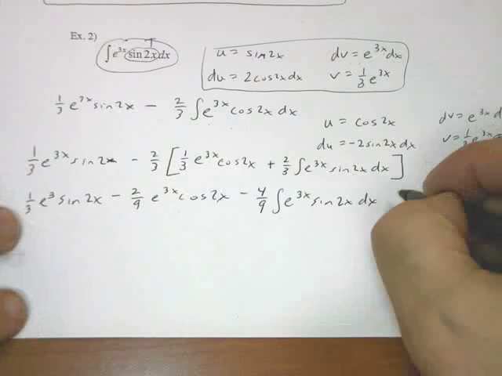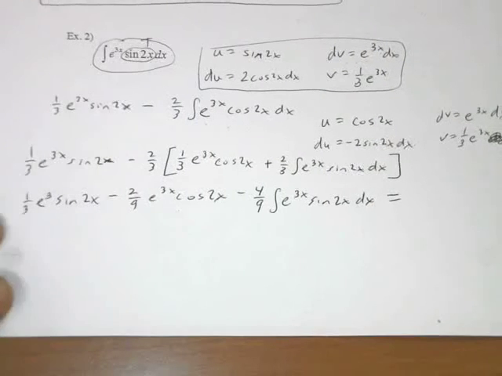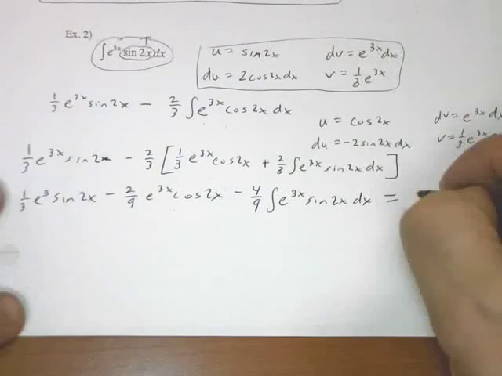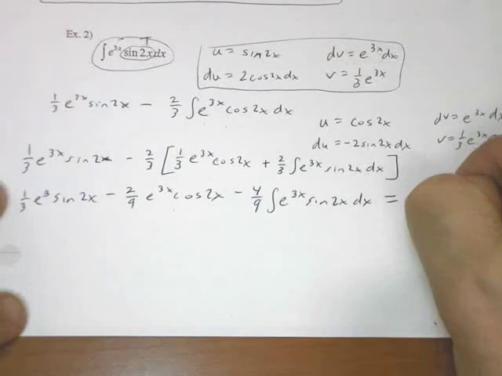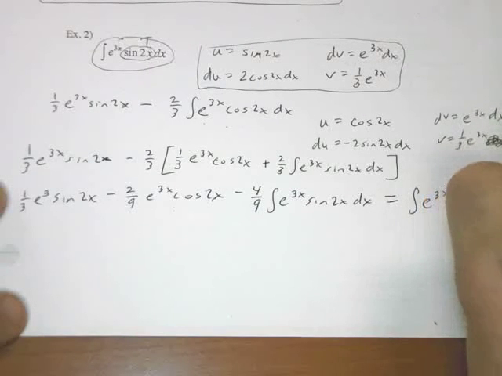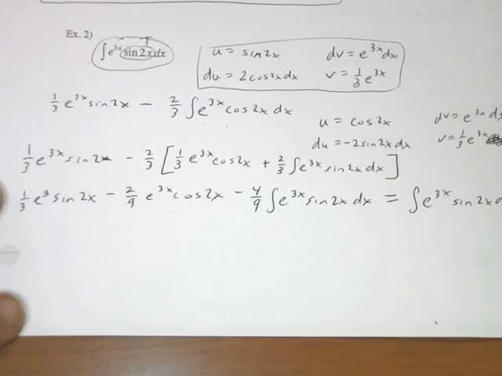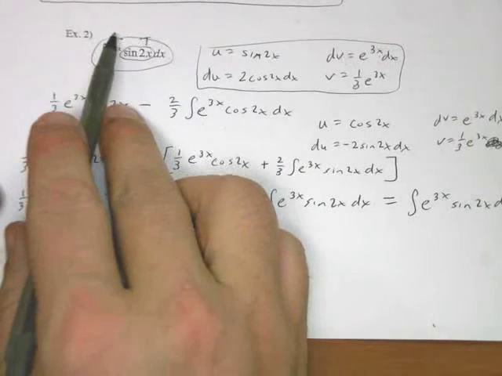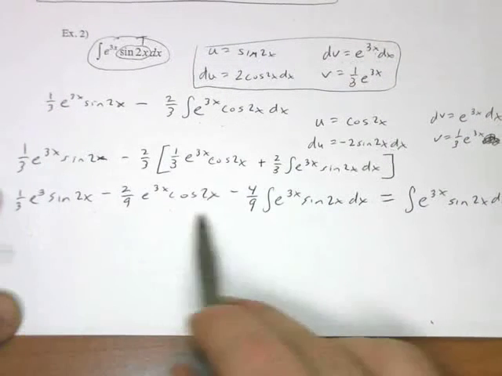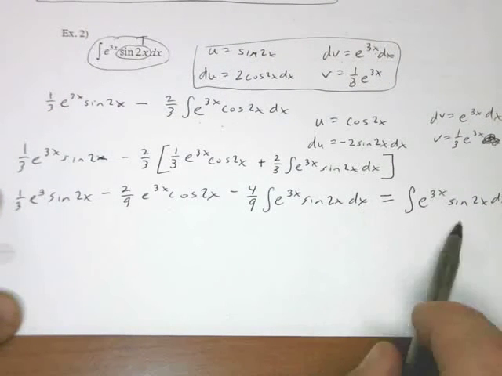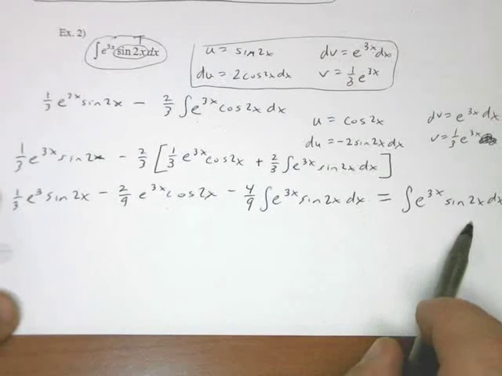Okay, I'm going to now set that equal to what we started with, which was the integral of e to the 3x sine 2x dx. So we started with this, we integrated by parts twice, we got all this, so all of that is equal to this integral. Okay?